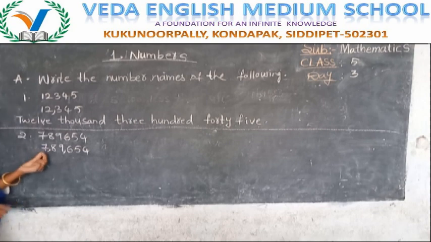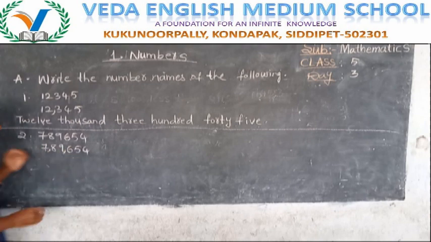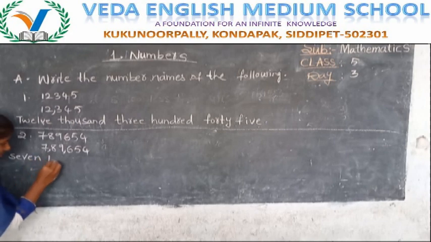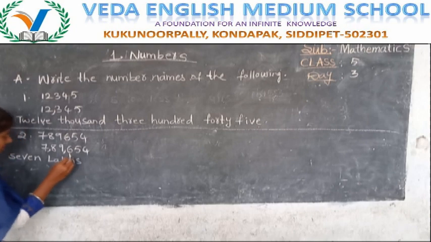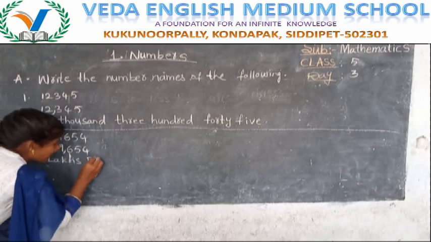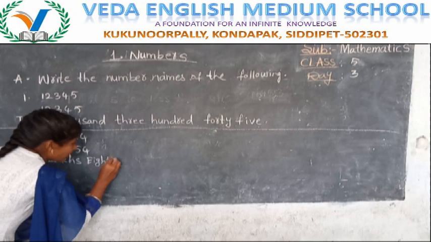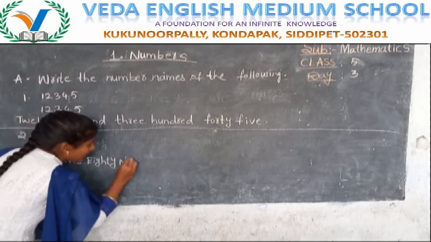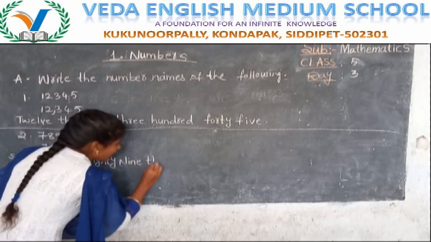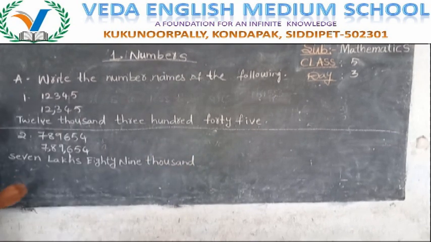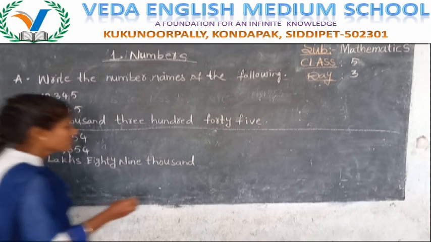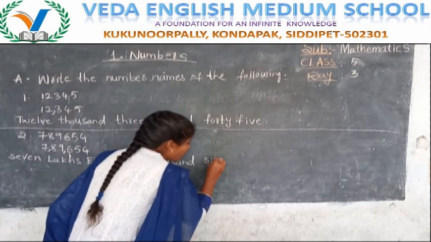Now how to read this number? 7,89,654. 7 lakhs, SEVEN, 7 lakhs, LAKHS. 89,000. EIGHTY, 80, NINE, 9, THOUSAND. 89,654.